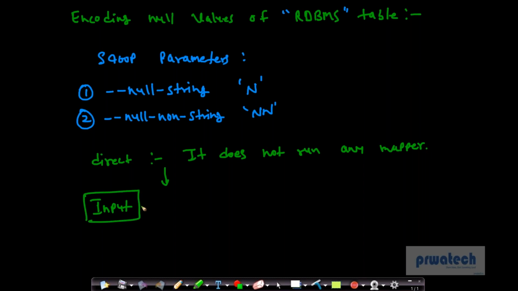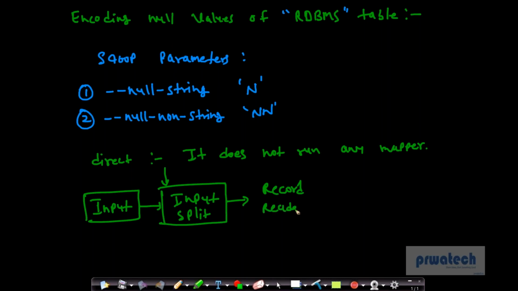Then it follows through all this. It does input split, then it does record reading, which we call a record reader, then mapper.